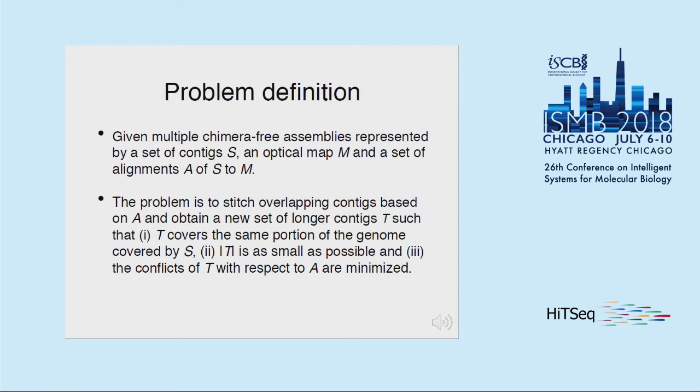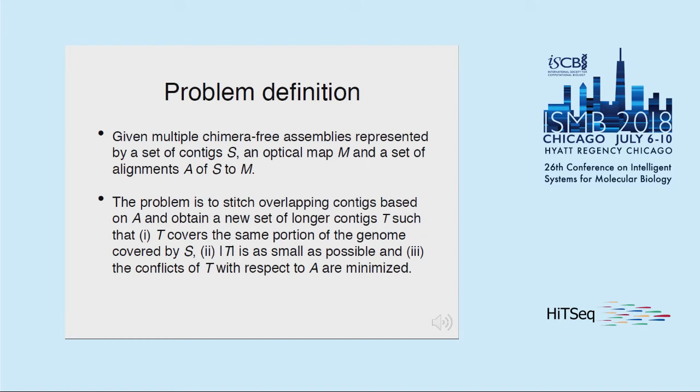Given multiple chimera-free assemblies represented by a set of contexts S, an optical map M, and a set of alignments A of S to M, the problem is to stitch overlapping contexts based on A and obtain a new set of longer contexts T, such that T covers the same portion of the genome covered by S, the size of T is as small as possible, and the conflicts of T with respect to A are minimized.